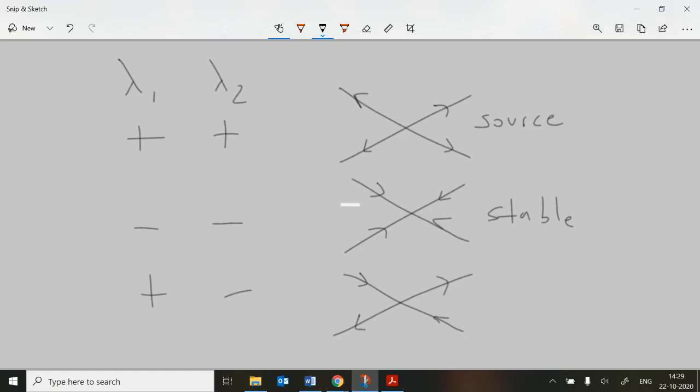The direction that you're going to get depends on the positive one, so we're going to go towards the positive eigenvector. I don't know which one that is in this case, but whichever vector is associated with the positive eigenvalue, that's the thing which you're going to go towards.